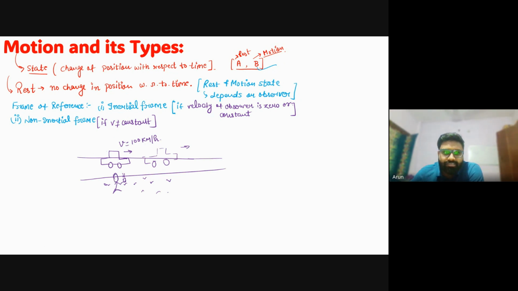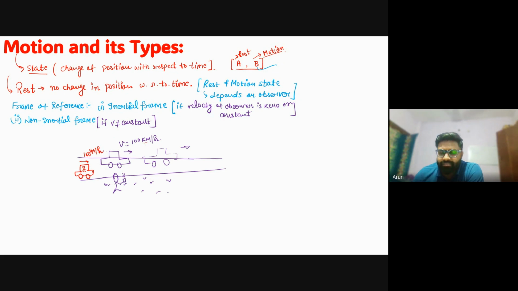Now, here's a twist. Let's say we have another car. Now you have also bought a car and you are sitting inside that car. This car is also moving with a speed of 100 kilometer per hour.